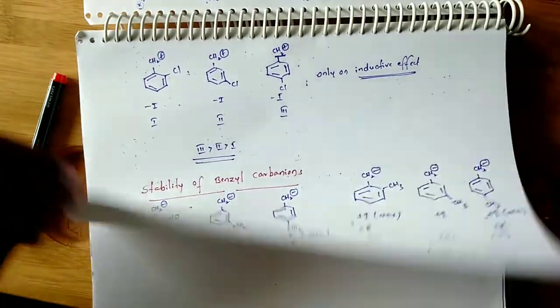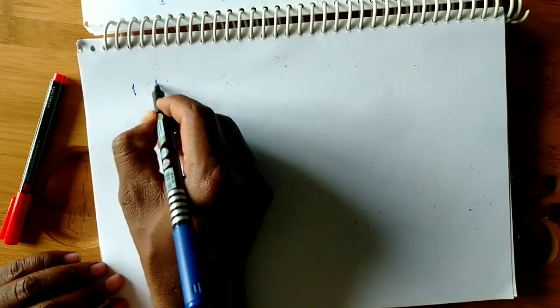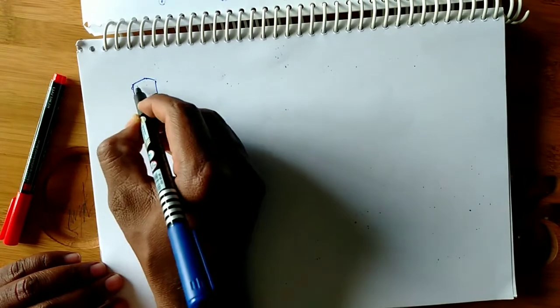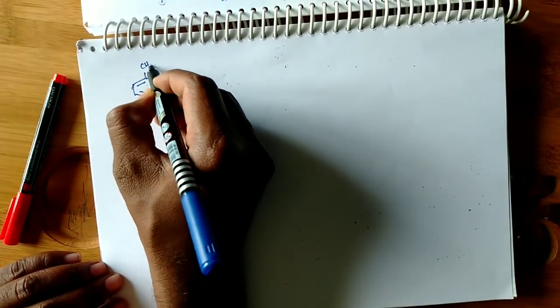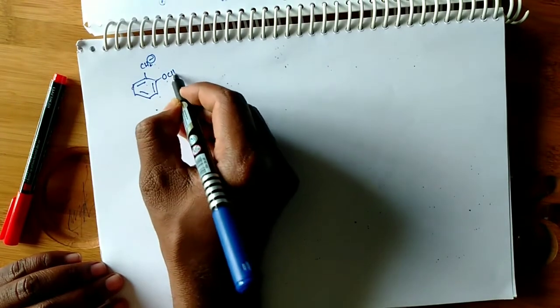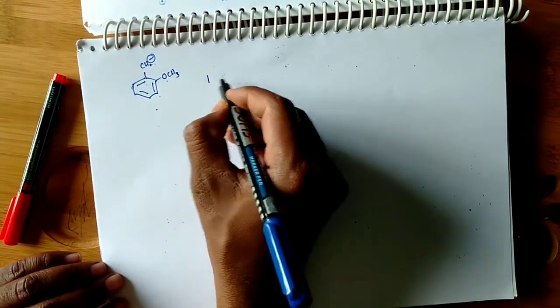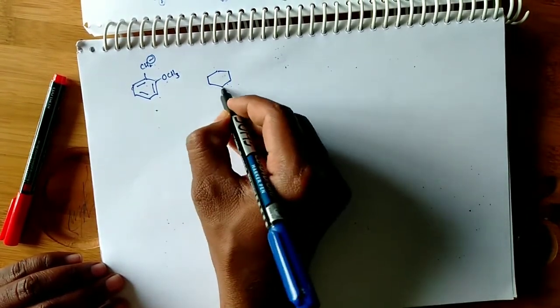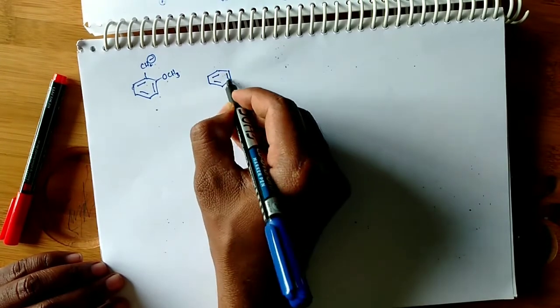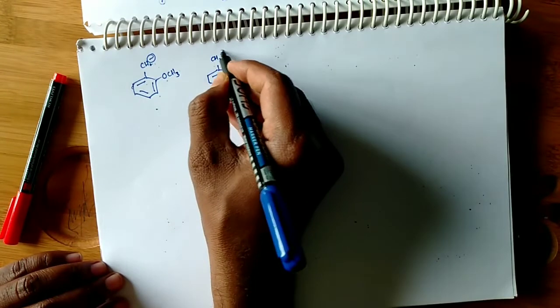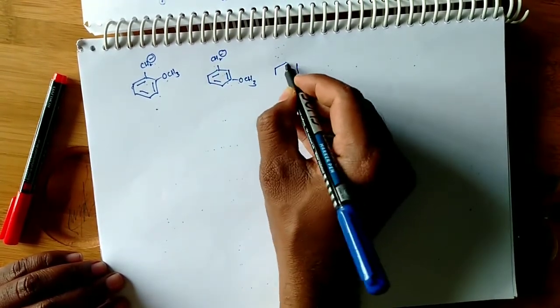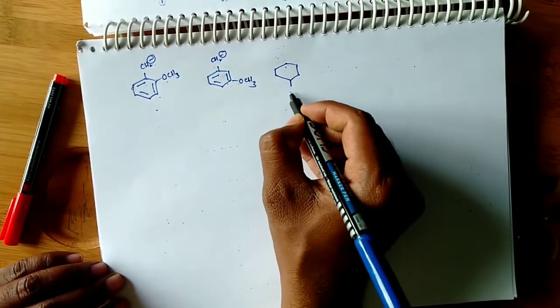Now case 3, if a minus I plus R group is present, what is the stability order? Let us see. I am taking methoxy group at ortho position, at meta position, and at para position.